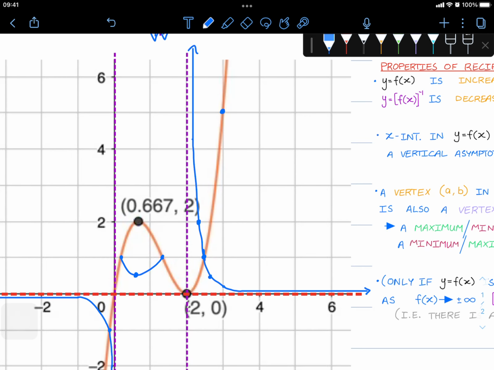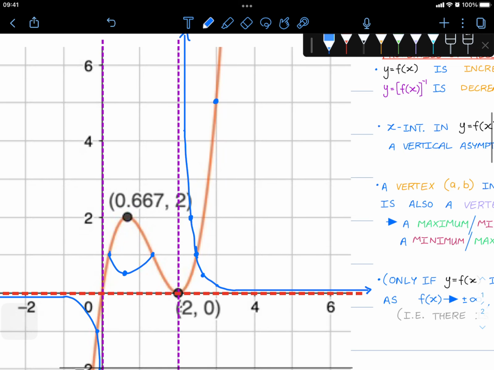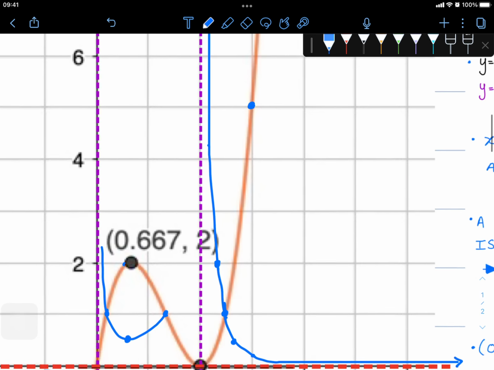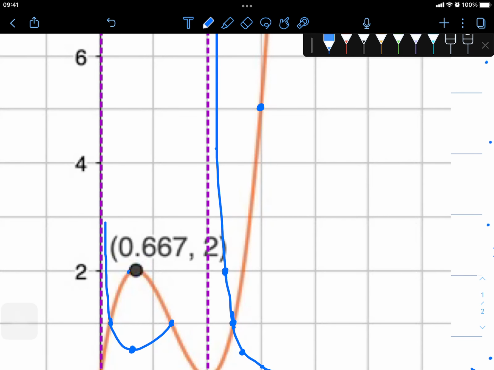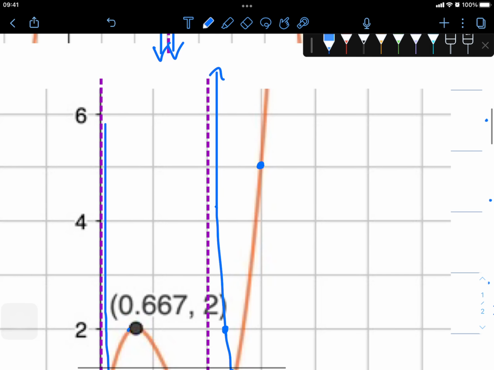Now from these points, I hope you can already visualize what this is going to look like. As you can see, this one is decreasing more rapidly. Therefore, its increase on this asymptote is already super close to that line, so like so.